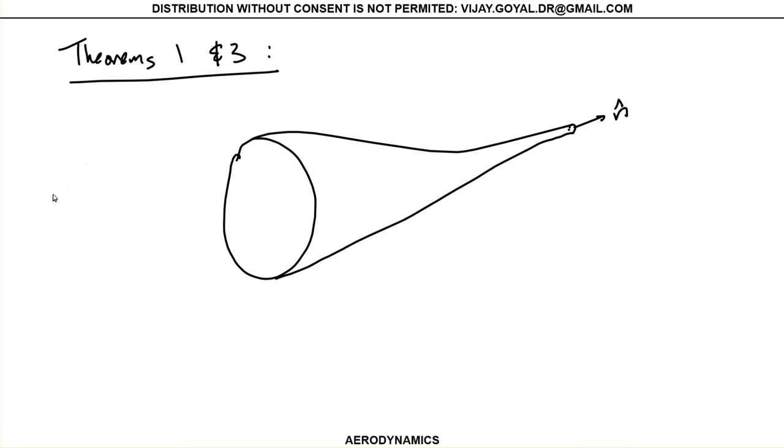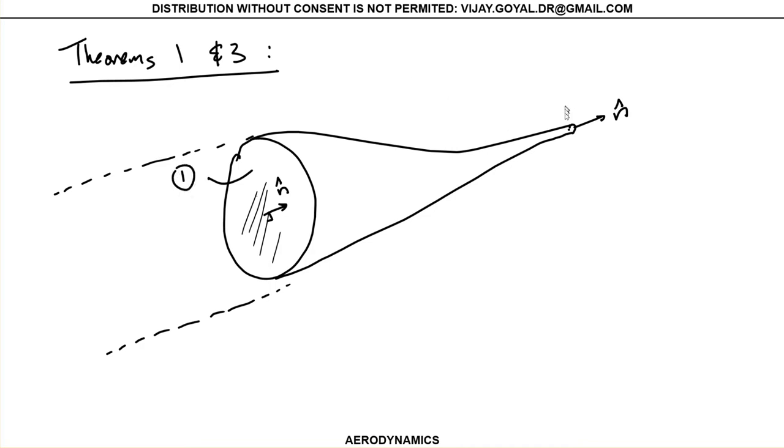Okay, and here you have the unit vector n. It's going in the direction of the flow. So this is n. So it's going inwards. Then let's call this face 1. Let's call this end face 2.